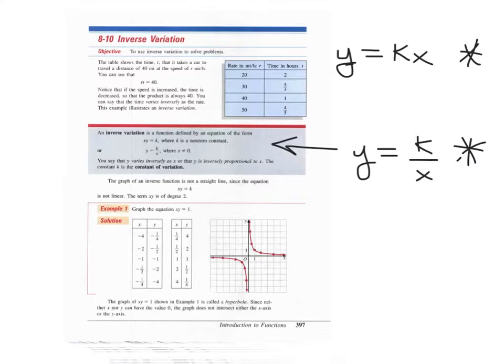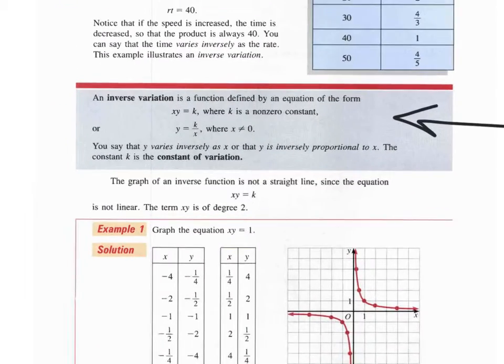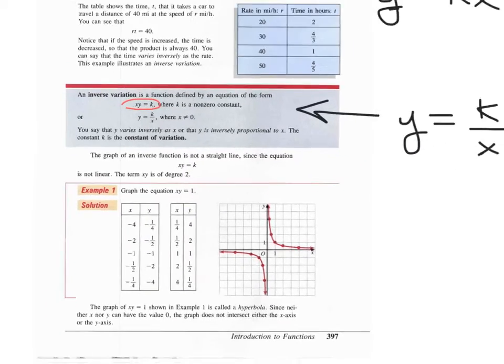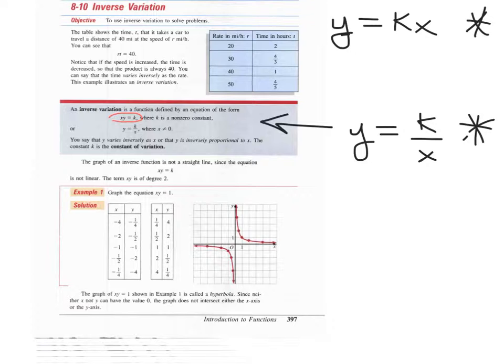So again, an inverse is a function defined by this equation. You could also memorize it this way, where you multiply the x and the y to get your k. So y equals k over x. Keep in mind, we can rearrange the equation to make it simpler.